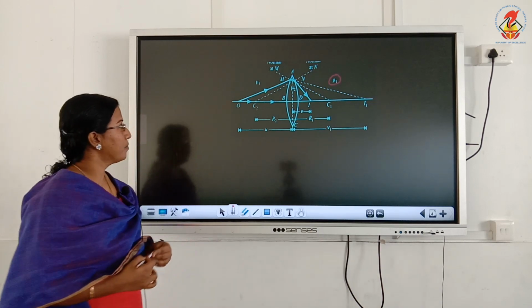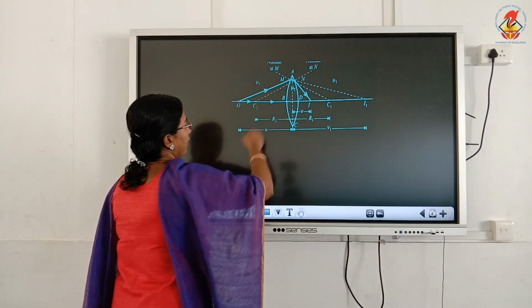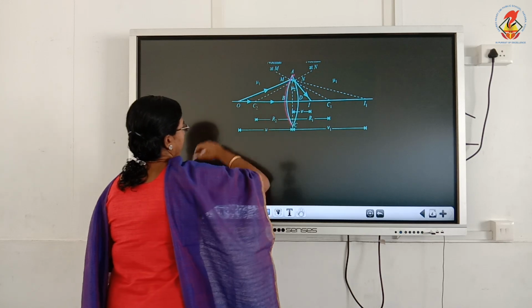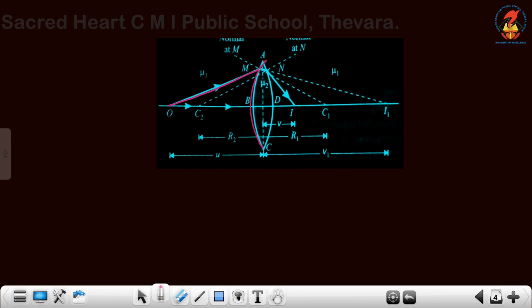Now an object O is placed in front of the spherical surface ABC. The ray from O is incident on the spherical surface ABC at point M, from where it gets refracted along the path MN and reaches the next refracting surface ADC, from where it again gets refracted, and the final image is obtained at point I.